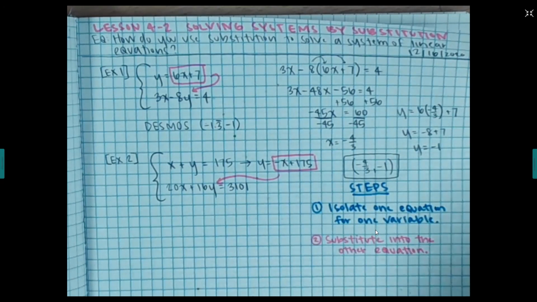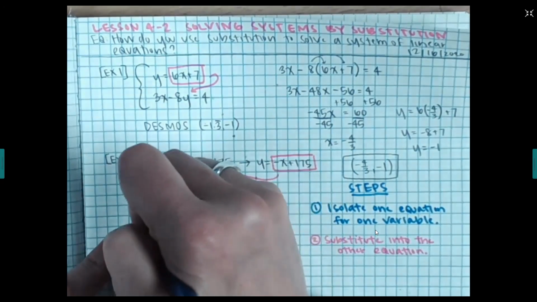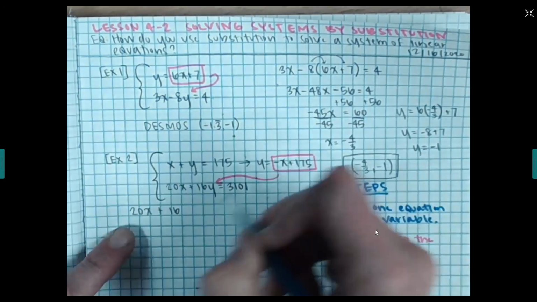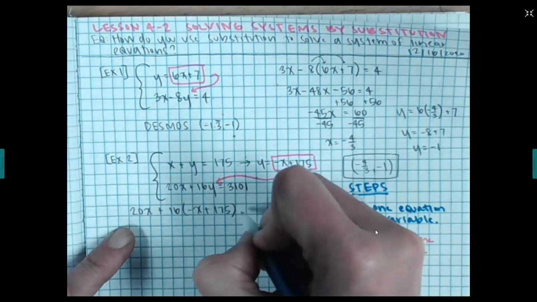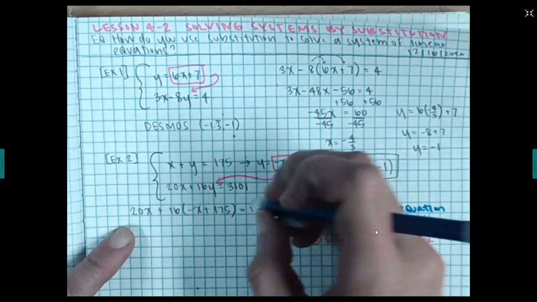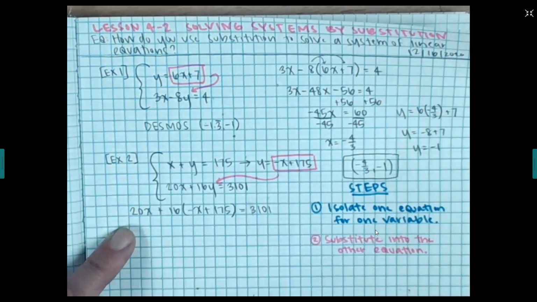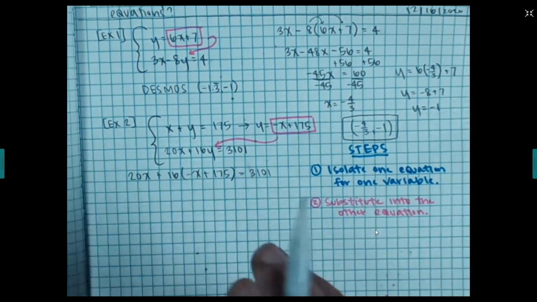So when I rewrite my second equation, I'm going to plug in negative x plus 175 for y. And I'm going to solve. So I'm going to solve for x.